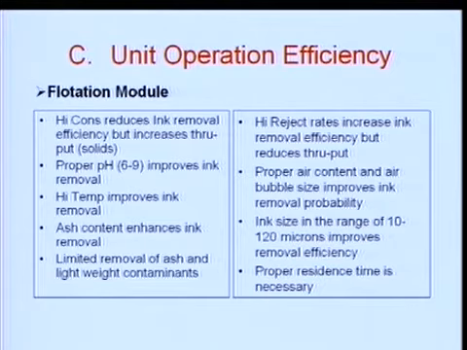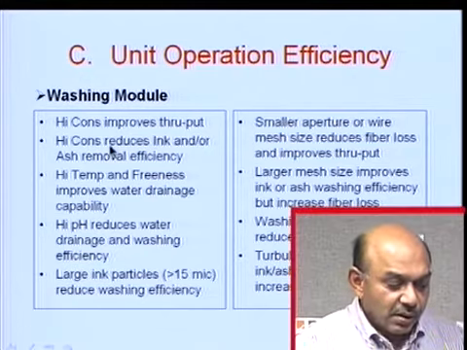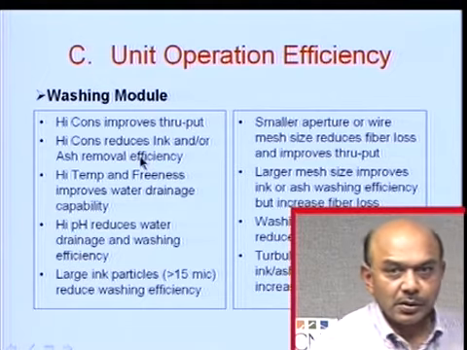So the proper bubble size distribution is important in flotation. Ink size in the range of 10 to 120 microns improves removal efficiency. That's a good range for ink removal. And proper residence time is necessary for proper contact between air and the ink particles. Washing modules, high consistency improves throughput, of course, because you can get more going in it.